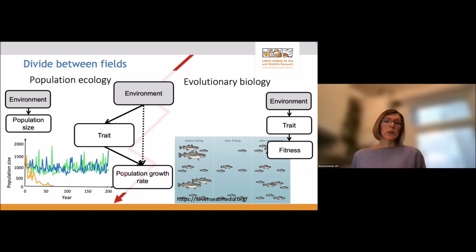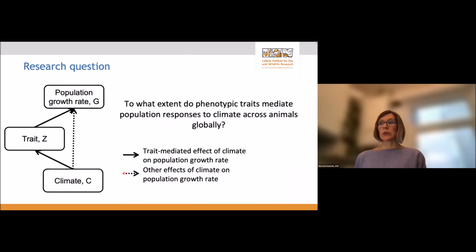Thus, by studying such mechanisms as phenotypic plasticity and to what extent it contributes to population stability, we may get deeper insight into how populations cope with environmental changes. And so, in line with this, in this research, we asked the question, to what extent do phenotypic traits mediate population responses to climate across animals globally?